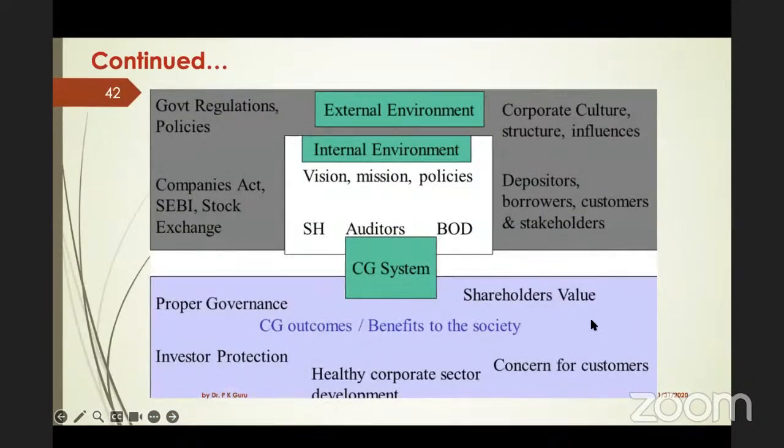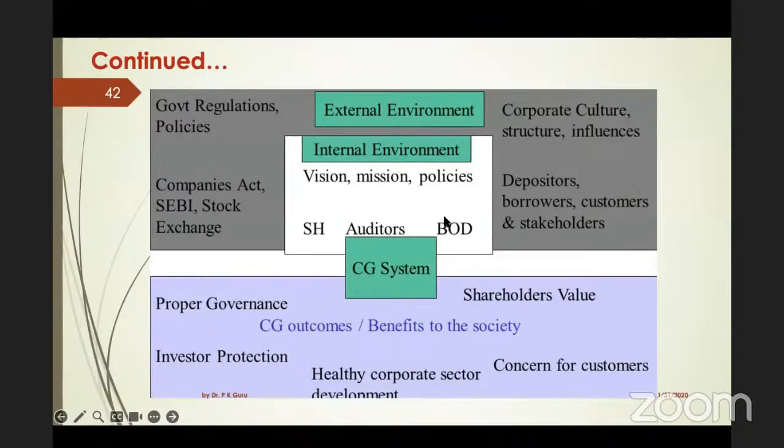This is the external and internal environment affecting corporate governance in India. There are government regulations, corporate culture, structure, and all that. And the Companies Act, SEBI, and stock exchanges control. Then there are shareholders, auditors, and the board of directors. These three are the main stakeholders of the corporate governance system.